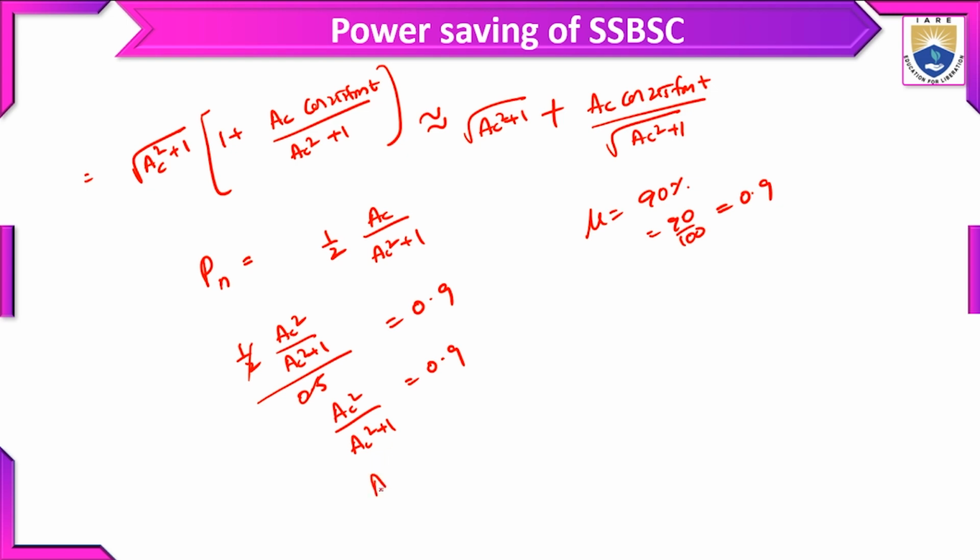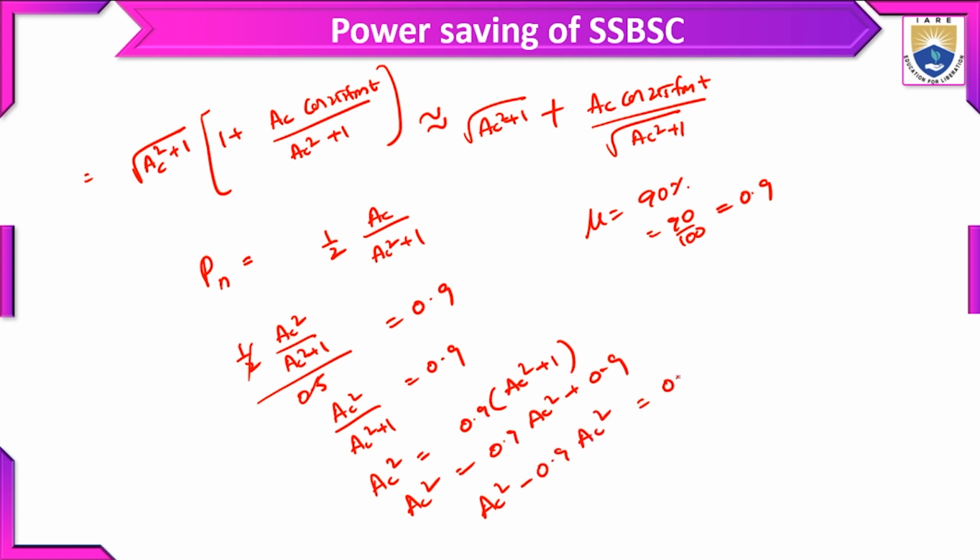So cross multiply. AC square is equal to 0.9 of AC square plus 1. So here 0.9 AC square plus 0.9. So this side is AC square. So move this: AC square minus 0.9 AC square is equal to 0.9. So here AC square is common: 1 minus 0.9 is equal to 0.9, so that is nothing but 0.1.